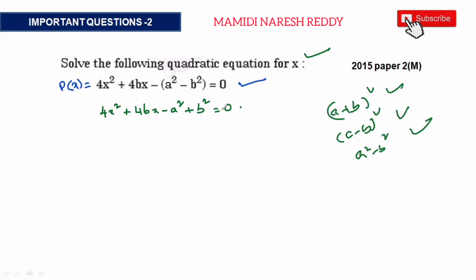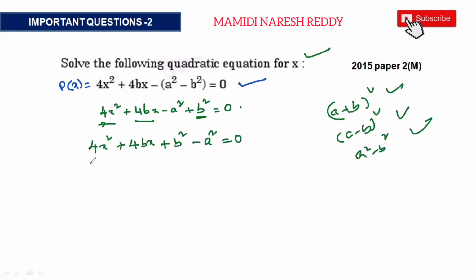So if you observe very carefully, the first term is the 4x square, the next term is the 4bx, and the next is b square. So I'm writing them together, to make them either a plus b whole square or a minus b whole square. So 4x square plus 4bx plus b square, and minus a square I'm writing here, is equal to 0.